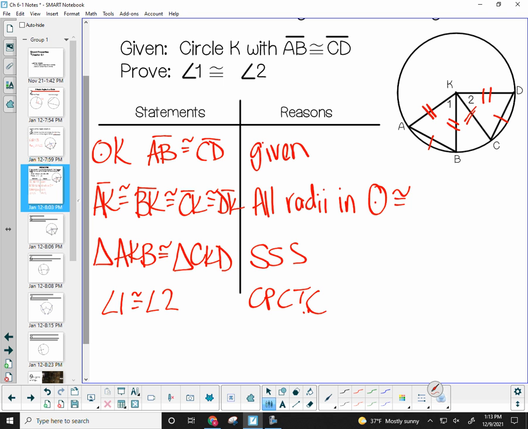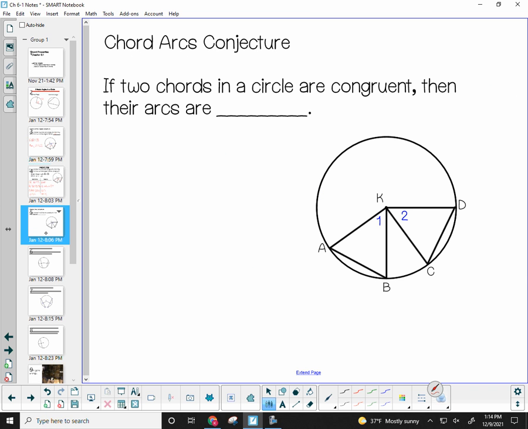All right, so questions about that proof? All right, so here's our next conjecture. It says if two chords in a circle are congruent, then their arcs are congruent. So this is very similar.